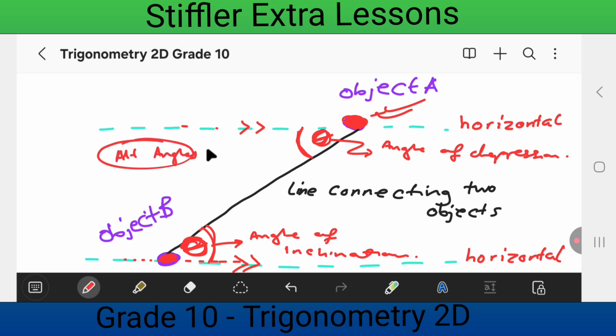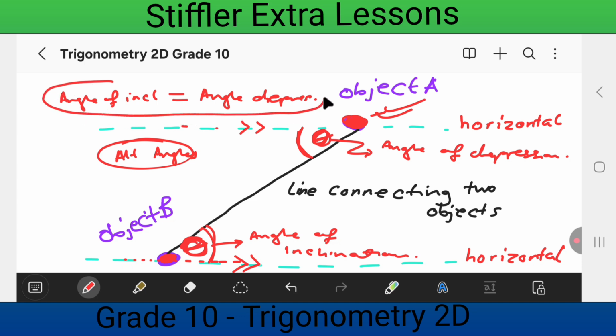So which means that if you're having two objects and you're having a line connecting them, our angle of inclination must be equivalent to our angle of depression. So whenever you're having the angle of inclination between two objects, know that it is also equivalent to your angle of depression, like that.